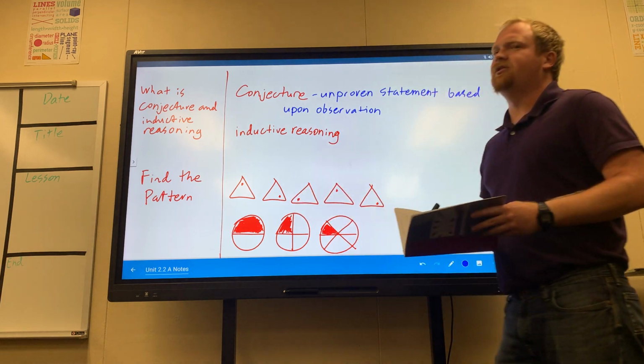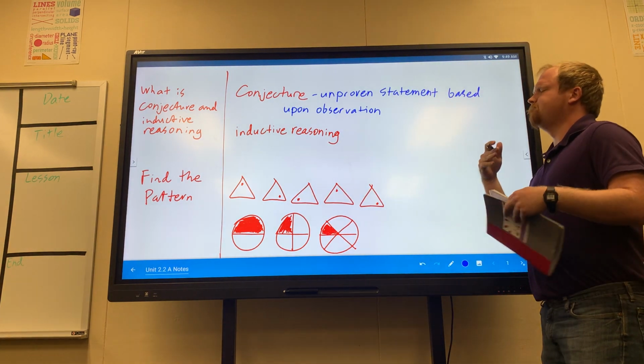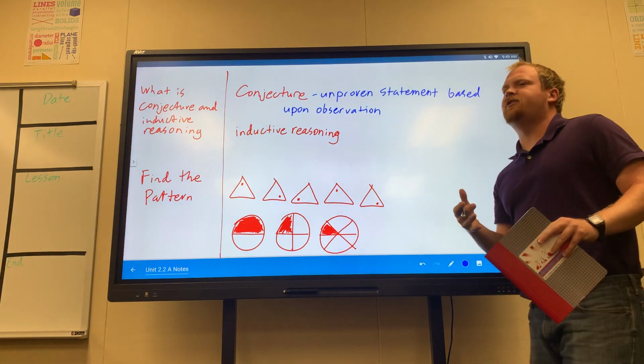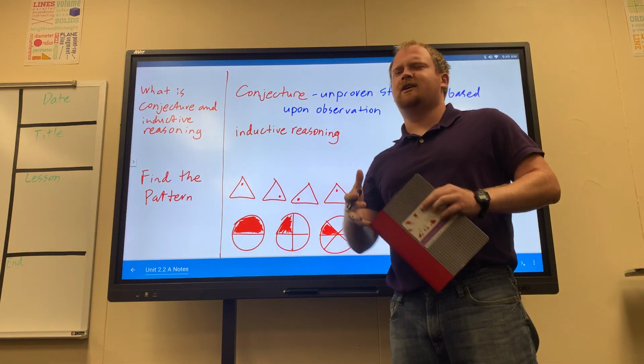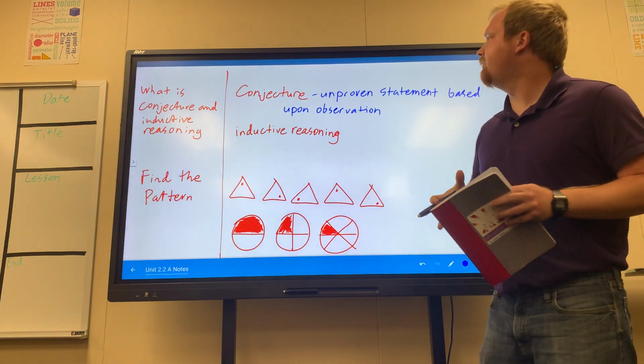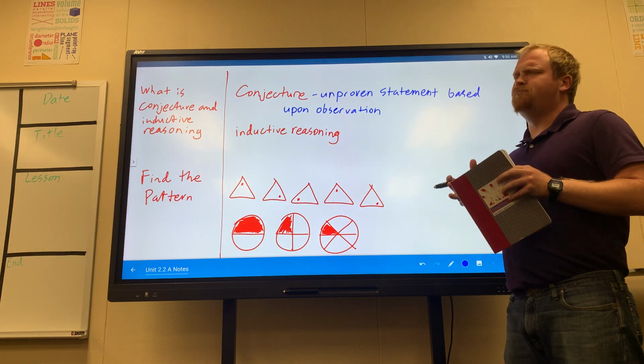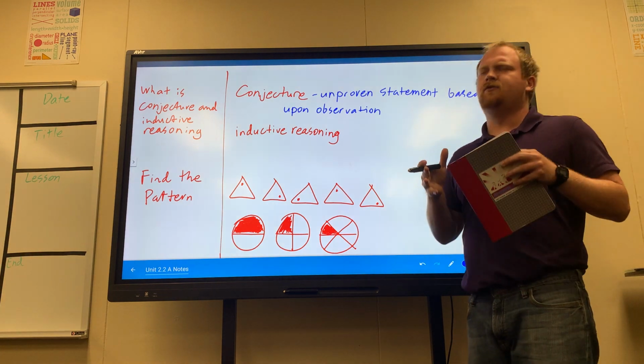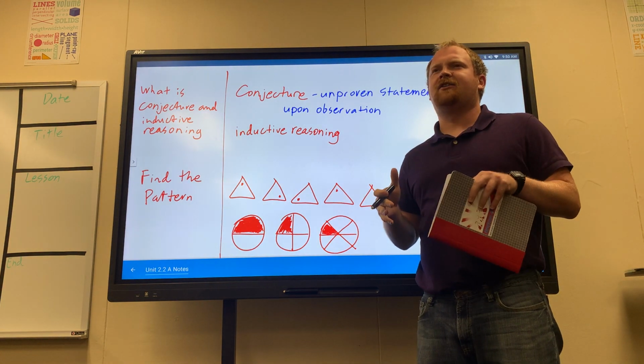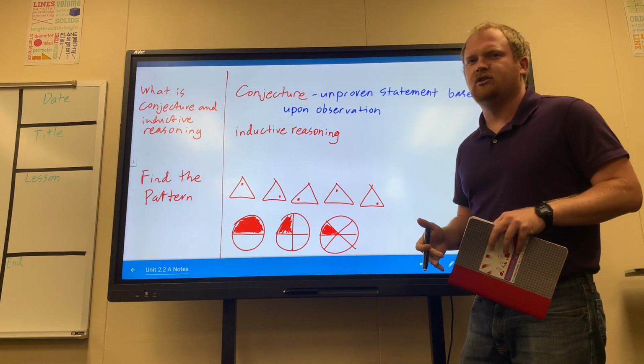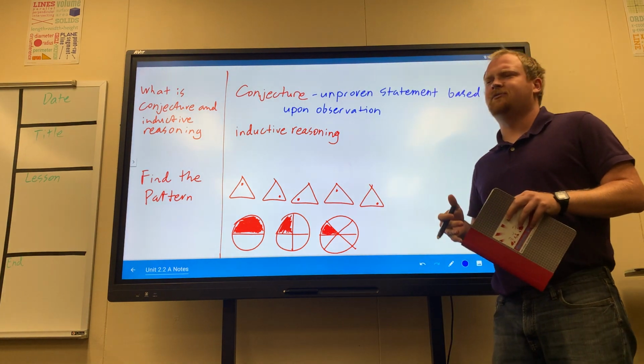Basically, if you see a statement that hasn't been proven yet, but it's based off of the observation, that's a conjecture, okay? It's just a statement that hasn't been proven yet.